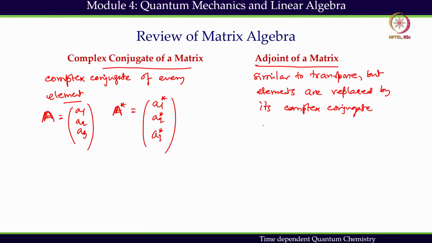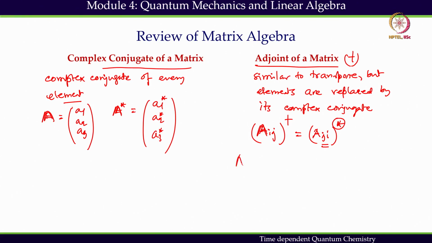Which means that I have now Aij. If I use adjoint, which is defined by this dagger sign, the adjoint is going to be Aji star. So, I am interchanging the row and column. At the same time, each element will be taken to be its complex conjugate.